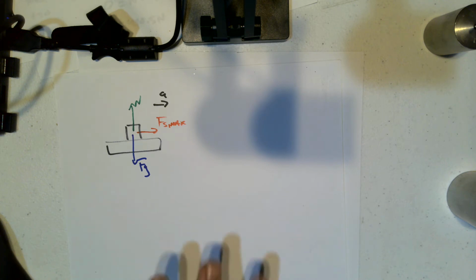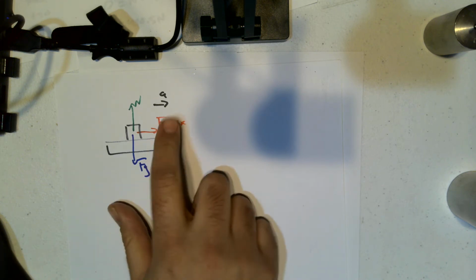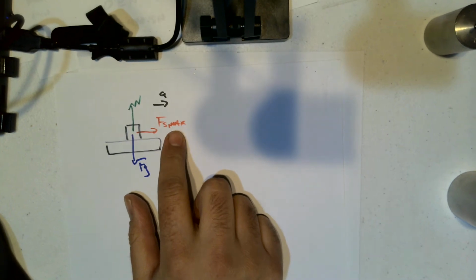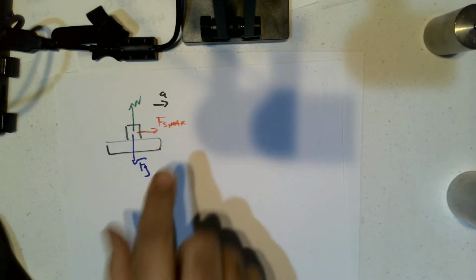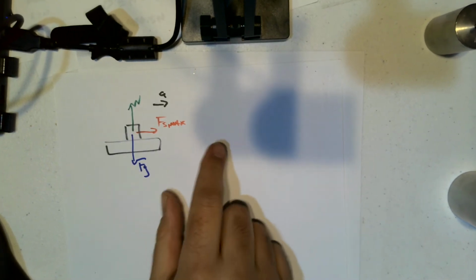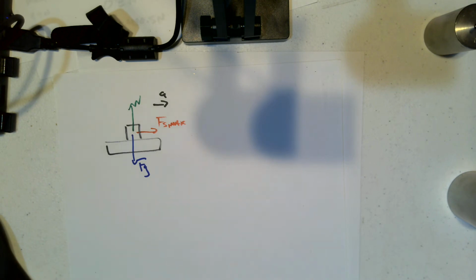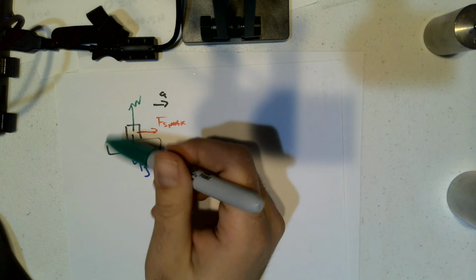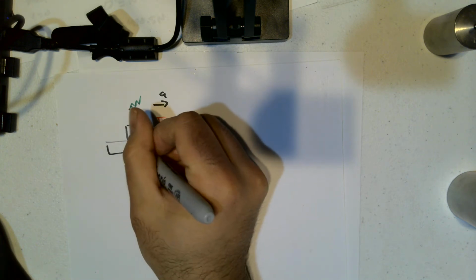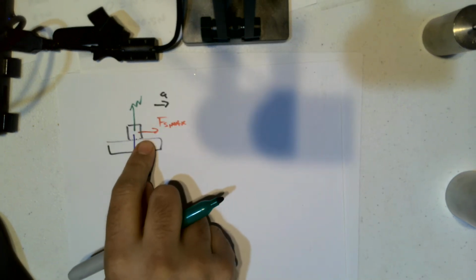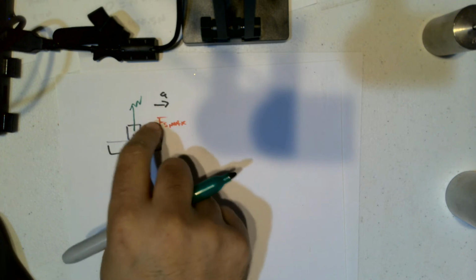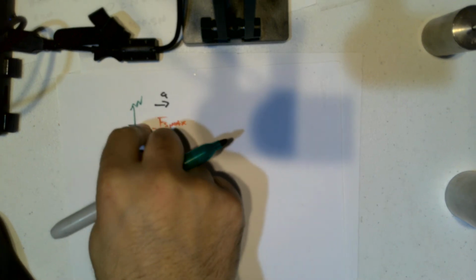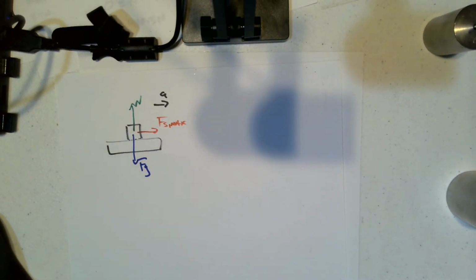So when I pull it to the right, if it's accelerating, it's going to be friction that's causing the acceleration here. So friction, static friction, is literally the cause of acceleration. Now, a lot of people go, I thought it prevented motion. And we were very careful to point out that, well, it does, but it prevents motion between these two surfaces here. So static friction is going to hold it in place stationary on this surface while the surface moves to the right. So static friction is going to be the cause of our acceleration.